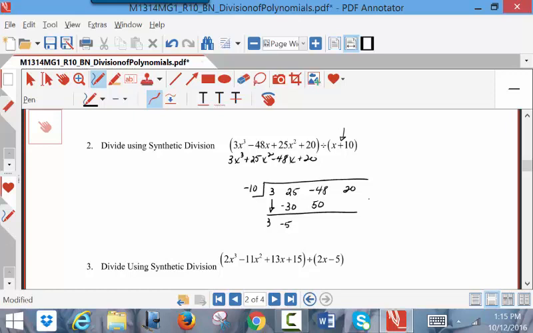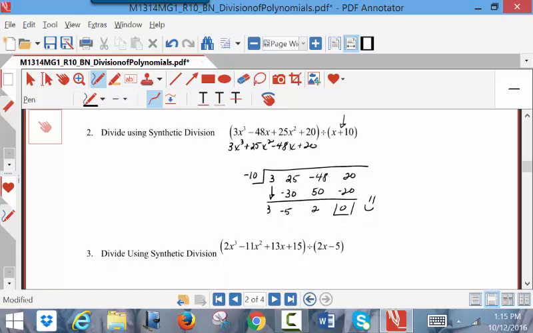Then add. -48 plus 50 is 2. Multiply. -10 times 2 is -20. Now add, and we get 0. This is a good thing. A remainder of 0 makes us happy.